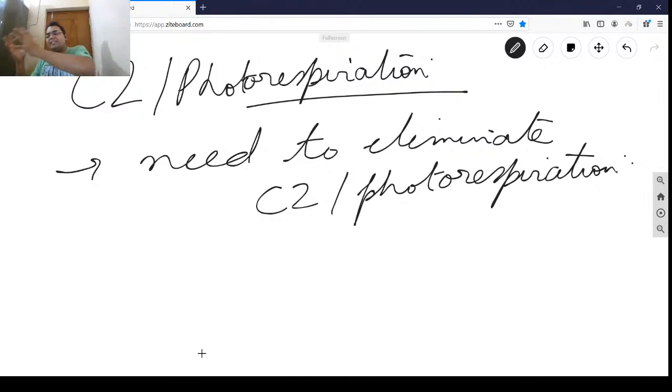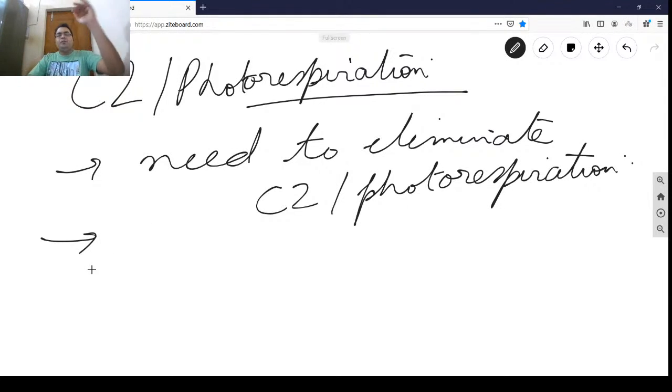Otherwise, the NADPH and the ATPs that have been produced via photosynthesis would be wasted, because photorespiration is a wasteful, futile process that I've already explained to you. So they can ill afford to go for this kind of photorespiration. So what you need to do is eliminate this pathway.